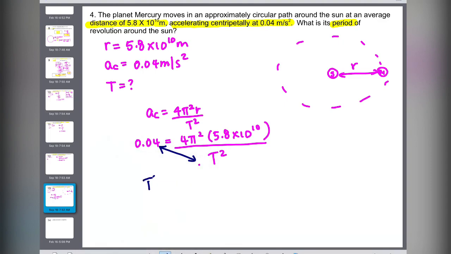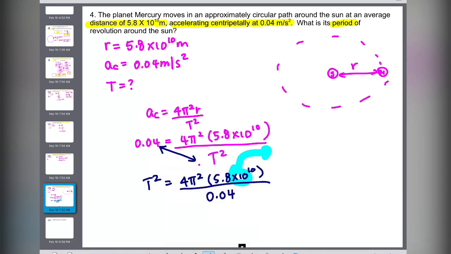And I don't know if we talked about this. The easiest thing to do is swap them so that now T squared is at the top. And then now you have the other guys. The 0.04 is now going to be at the bottom. Okay, now you're going to punch it in the calculator. Do you know how to type in scientific notation? You take the times 10 and you replace it with the EXP button that is on your calculator.